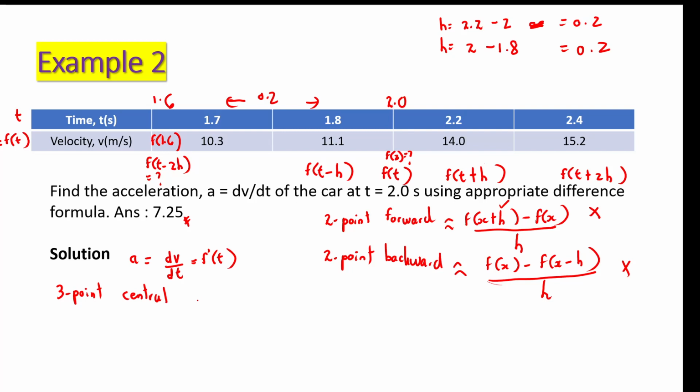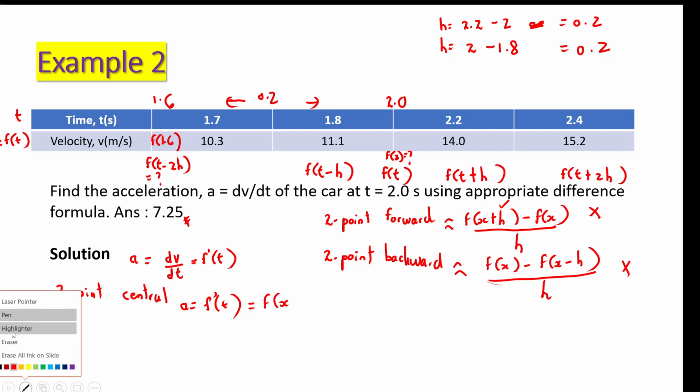And 3-point central? Can. A is actually f prime t, so in the formula you change x to t.